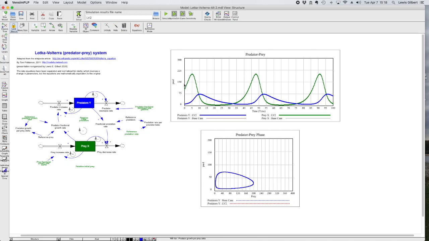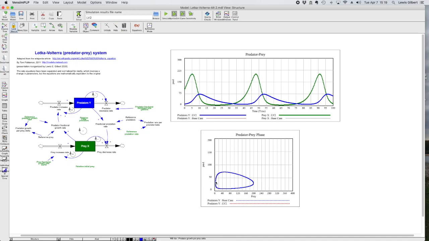In this case, our parameters are the stock of predators and the stock of prey. These dots represent the only possible states for this system when the parameters are set at their default values for this model.